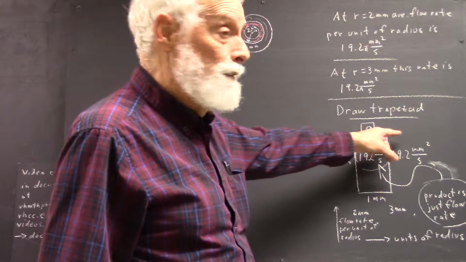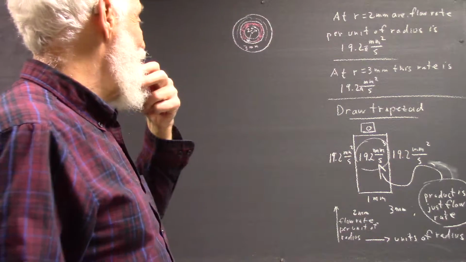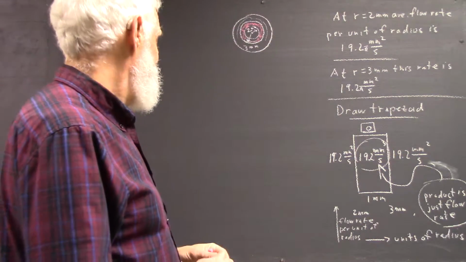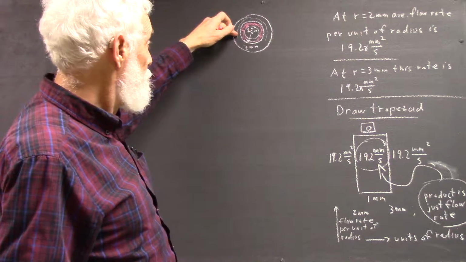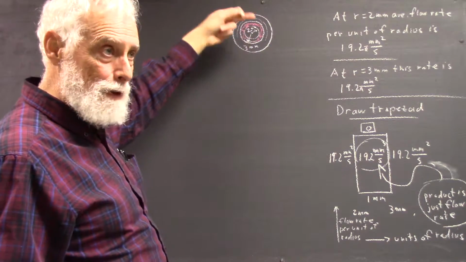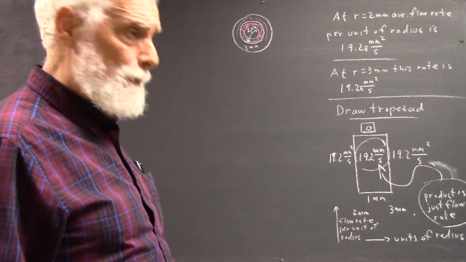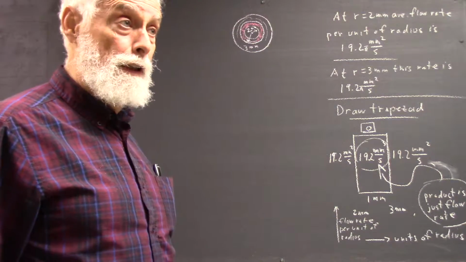They wouldn't all be level, but they'd be symmetric. It turns out that the rate you get between 3 and 4 centimeters is the same as the rate you get between 1 and 2. Now I'm saying centimeters, it's millimeters.